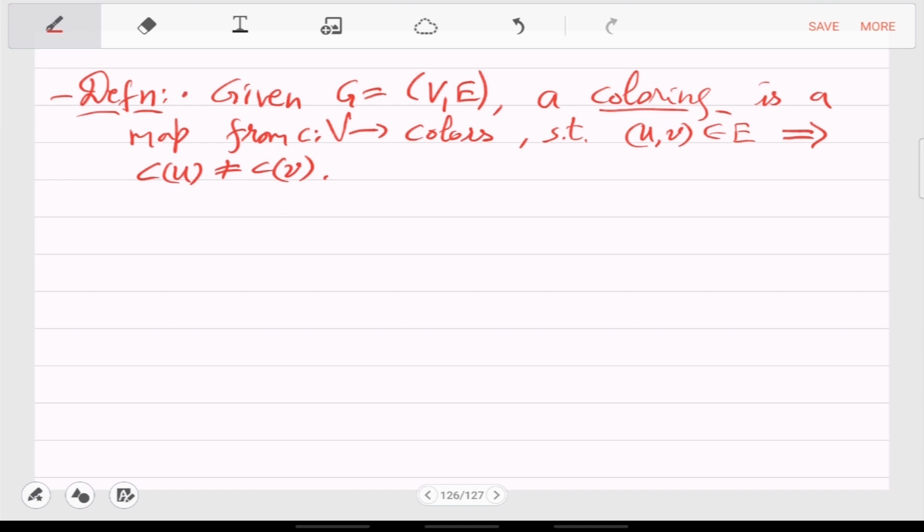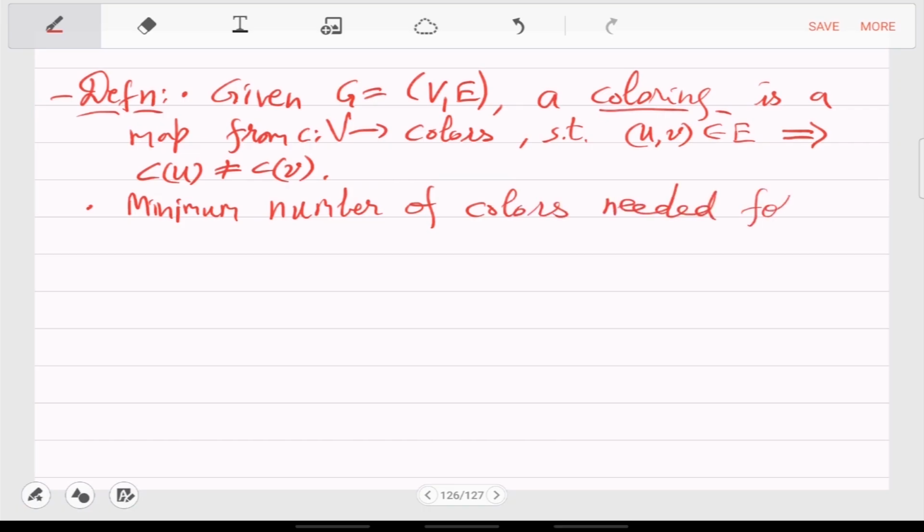And then the minimum number of colors needed for this. Now note that this minimum number is unique and well defined, because what is the trivial coloring of the graph? Yeah, you just send V to V, right? N vertices, so you color every vertex with a different color. So that clearly is a valid coloring.